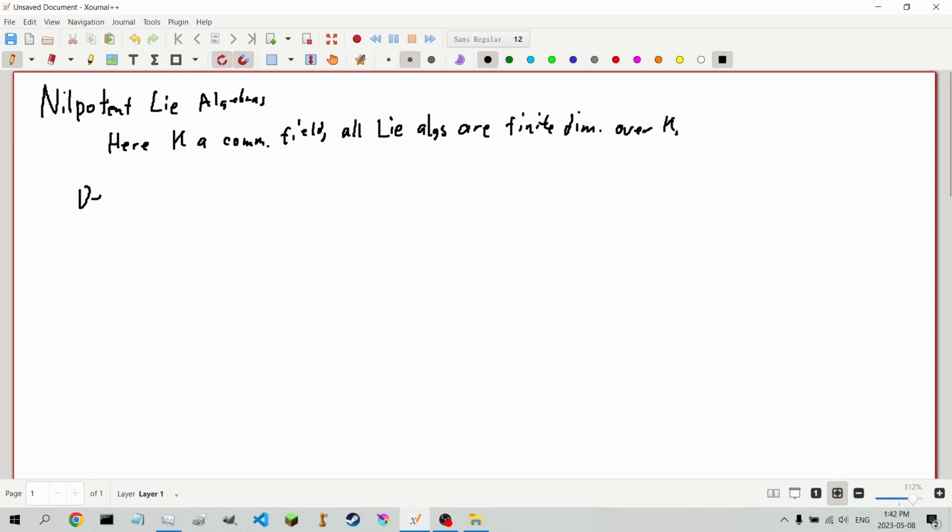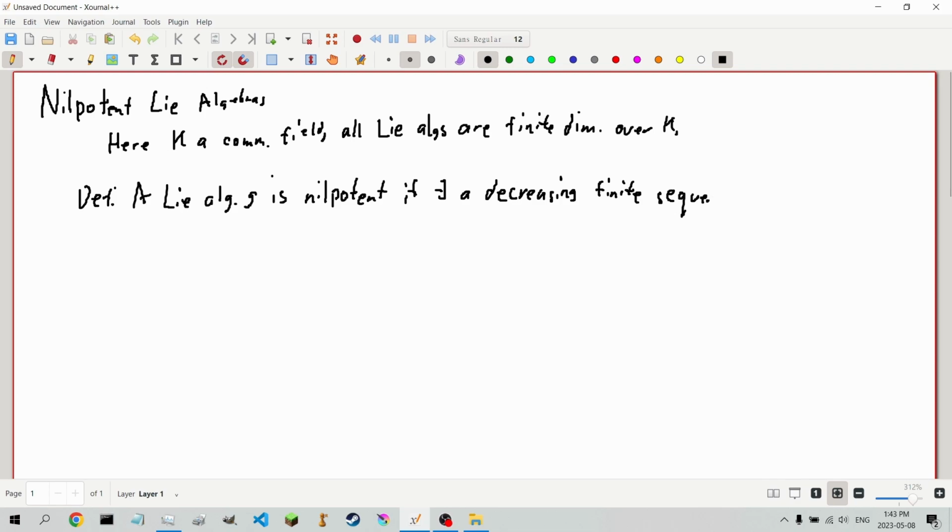What is a nilpotent Lie algebra? A Lie algebra G is nilpotent if there exists a decreasing finite sequence of ideals G_i, from i equals 1 to p, of G. Yes, that notation is a bit wrong here.